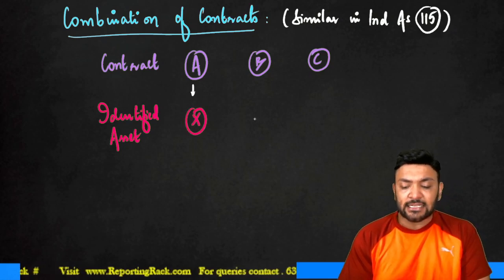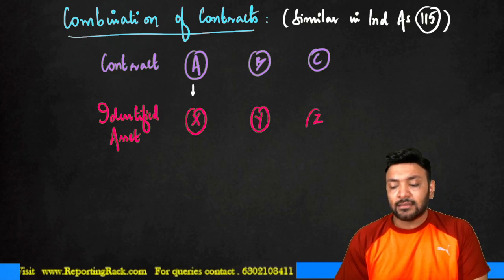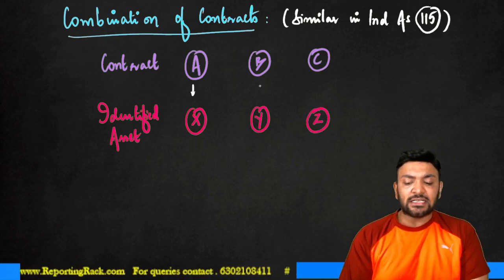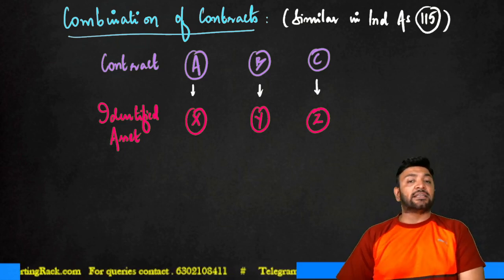A indicates X, B indicates Y, C indicates Z. These are the three identified assets in three different contracts, A, B, and C.